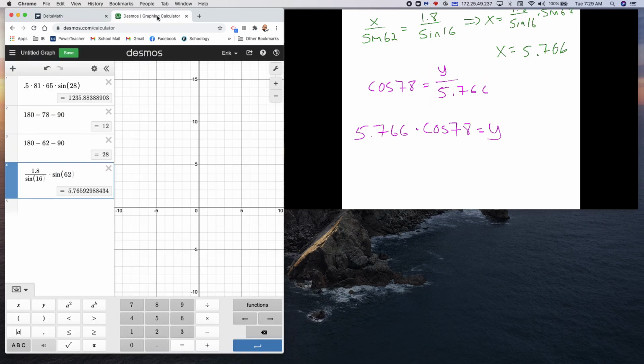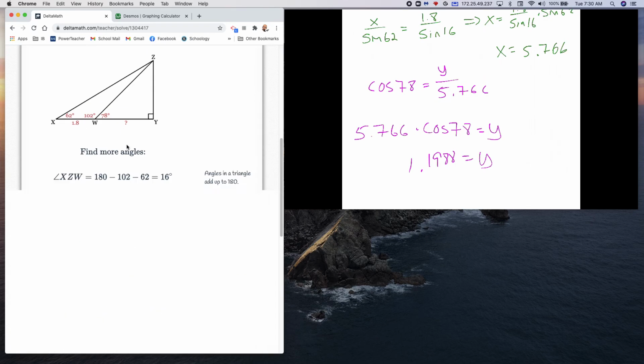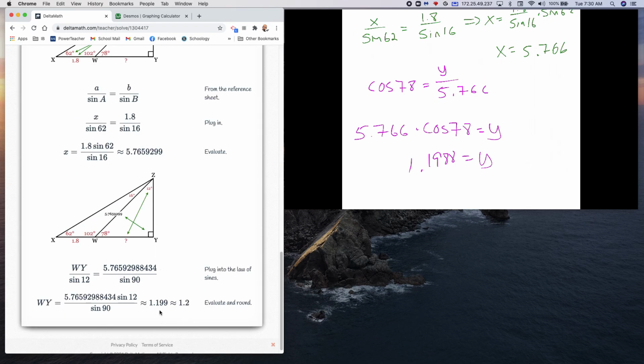We could just go, okay, 5.766 times the cosine of 78, and we get y is equal to 1.1988. And that's what we got right down here.